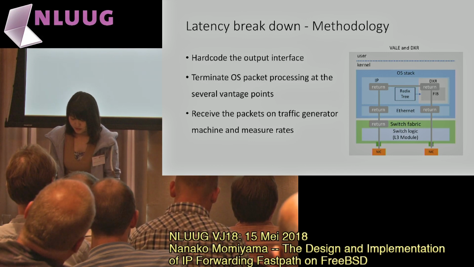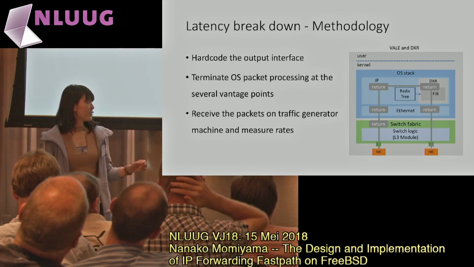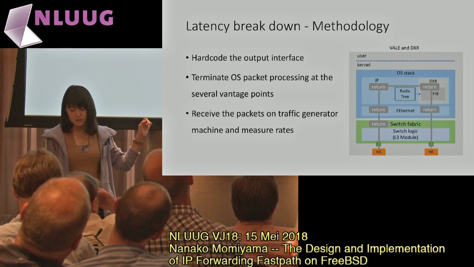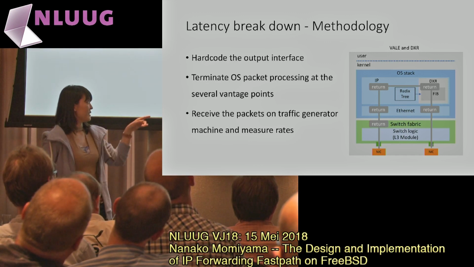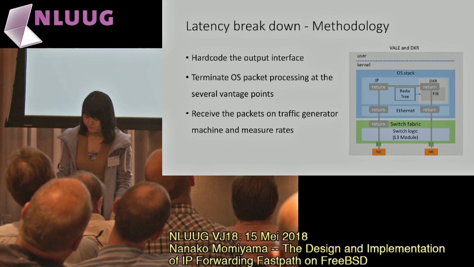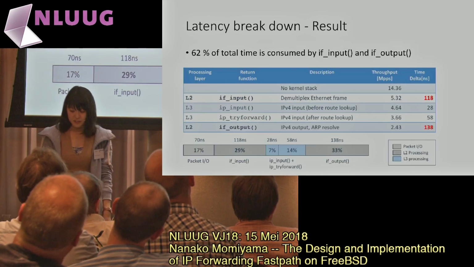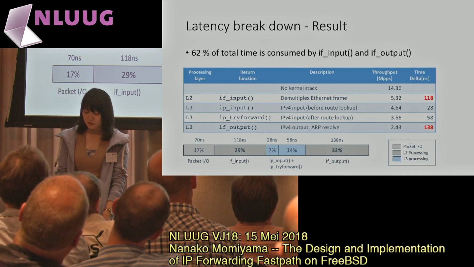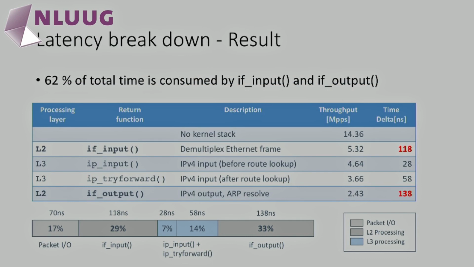And so we put the returning point to terminate our OS packet processing at several points to find the latency at each point. The result shows that 62% of total time is used by the L2 input and output routines in this case.